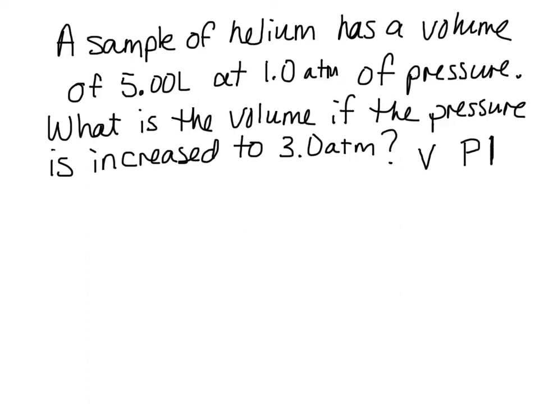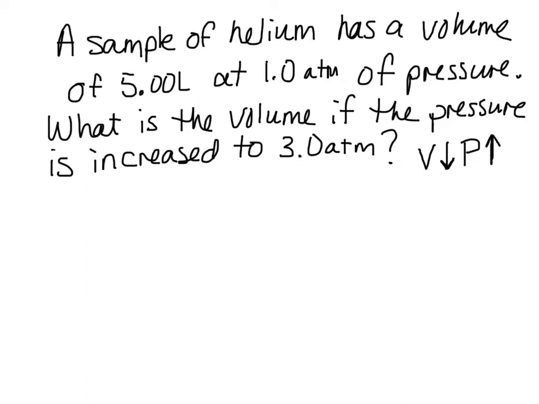So let's draw our little diagram there. Pressure is increased. What's going to happen to our volume? If pressure is increased, our volume is going to get smaller. Now let's write down our initial and final conditions, going in the order that the problem gives it to us.